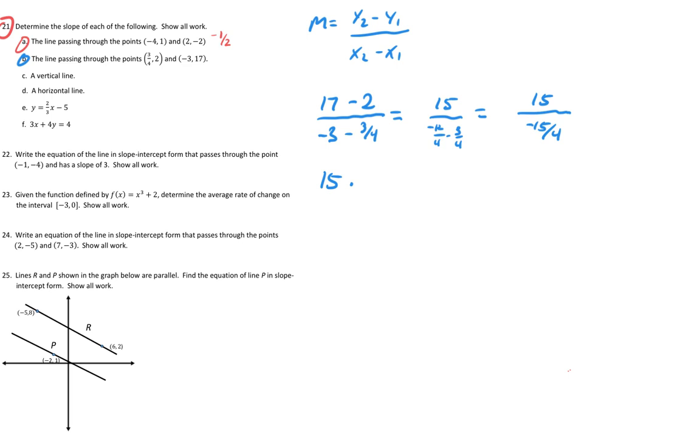So that'd be 15 times 4 over -15. So the 15s will cancel. We'll be left with 4 over -1, or equal to -4.